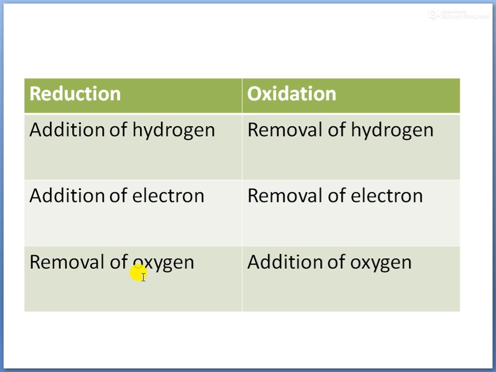Removal of oxygen is also a reduction reaction. Just the opposite, in the case of oxidation reactions, the removal of hydrogen, removal of an electron, and addition of an oxygen can be considered oxidation reactions.